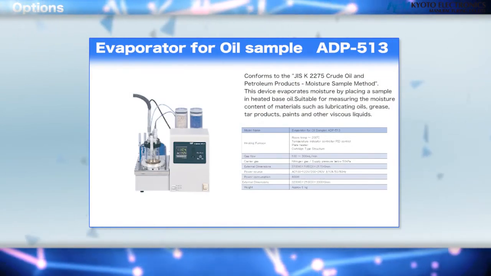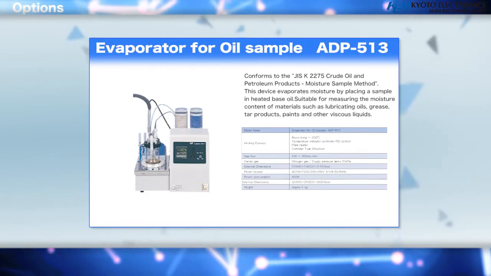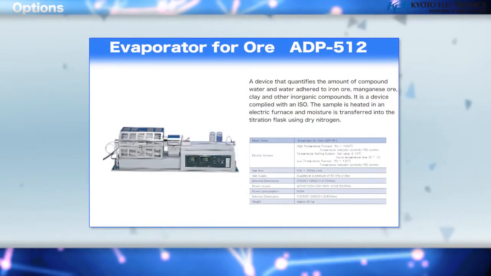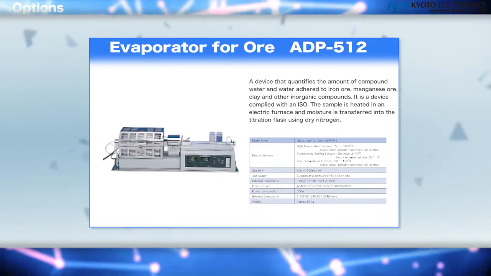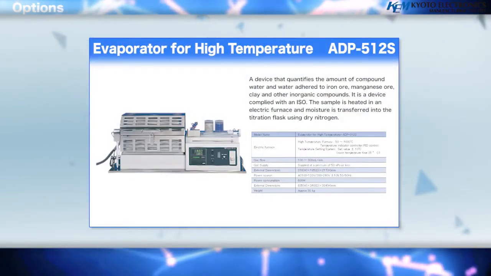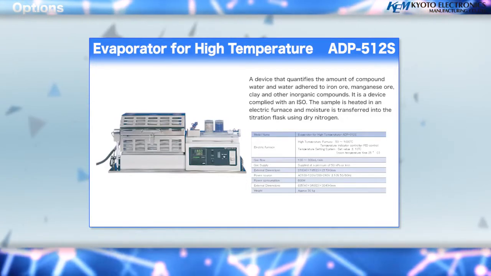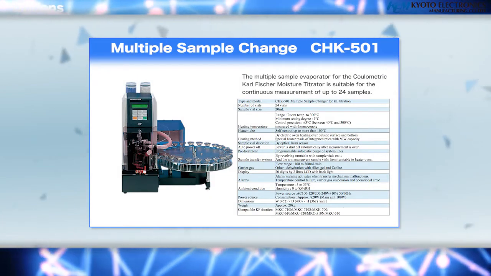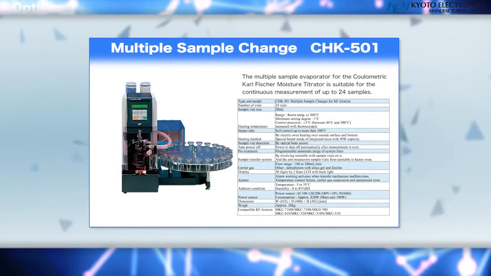Evaporator for oil samples ADP 513. Evaporator for ore ADP 512. Evaporator for high temperature, ADP 512S. Multiple sample changer, CHK 501, Non-CE.